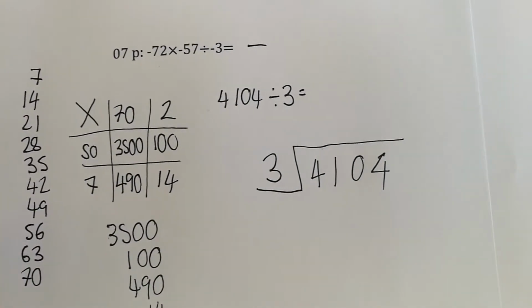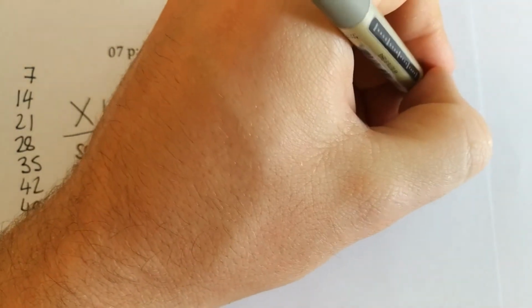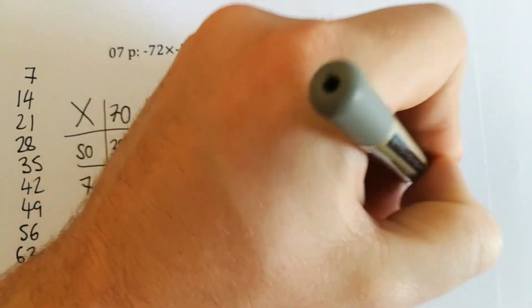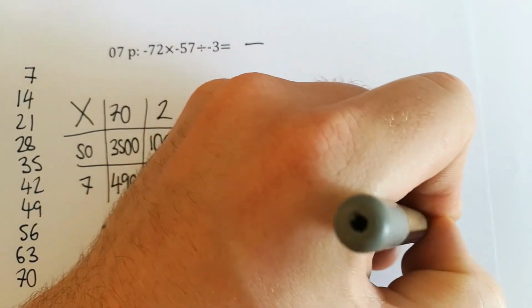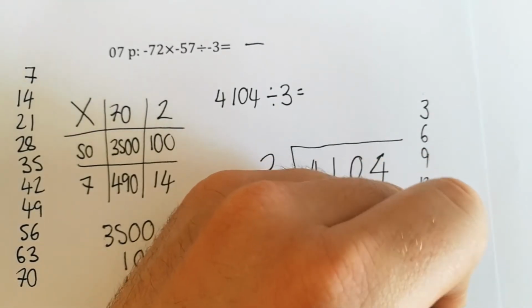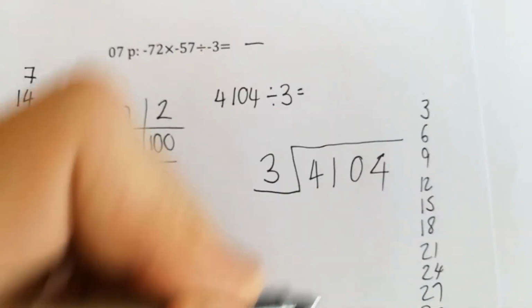Now, because we're dividing by 3, we're going to quickly write out our 3 times table, and then we might as well do it around this side. So 3, 6, 9, 12, 15, 18, 21, 24, 27, and 30.